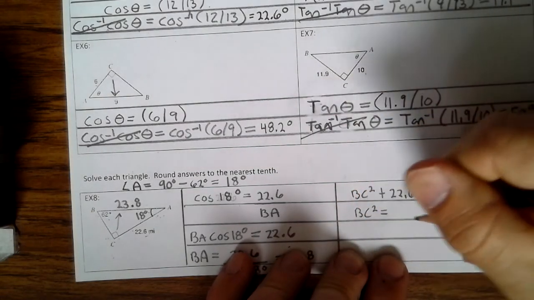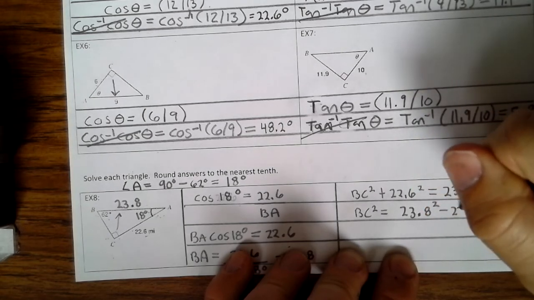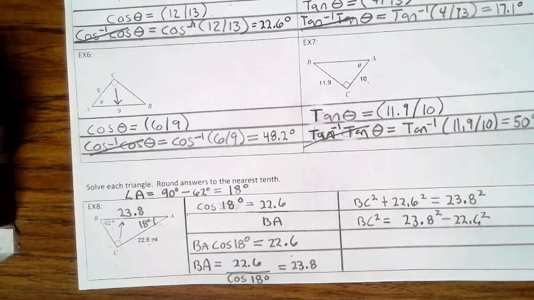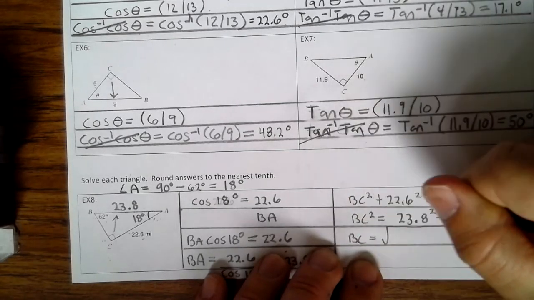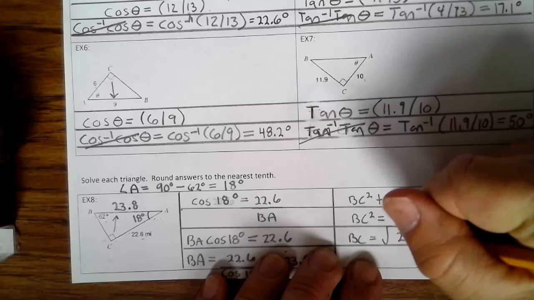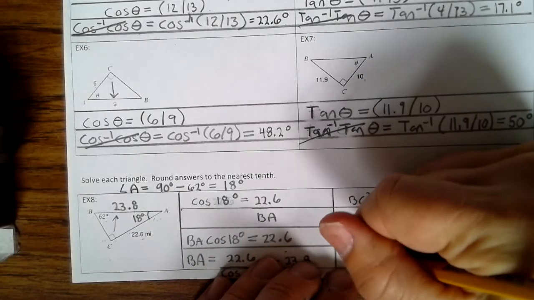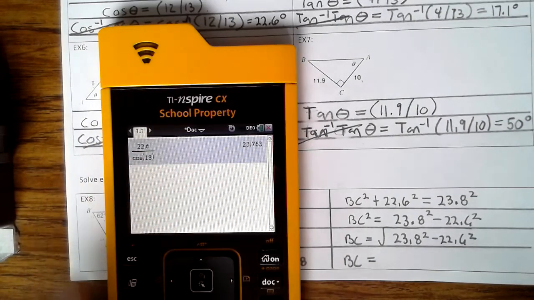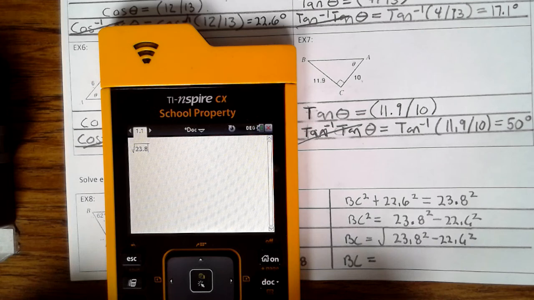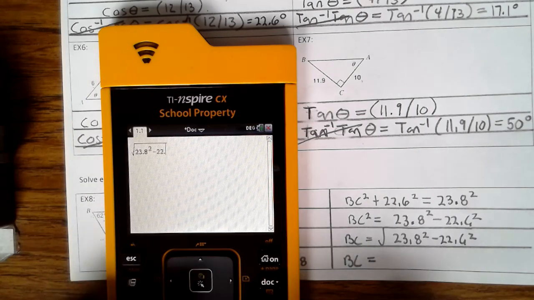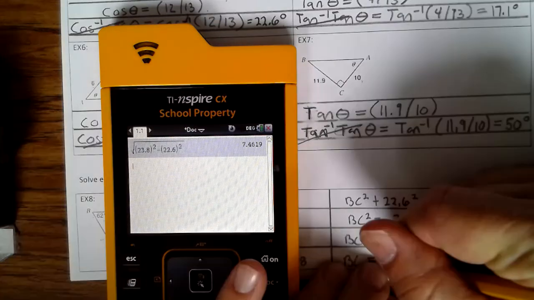Take the square root of both sides, so BC is equal to the square root of 23.8 squared minus 22.6 squared. So let's put that in our calculator. So control square root of 23.8 squared minus 22.6 squared is 7.5. Okay, so 7.5.